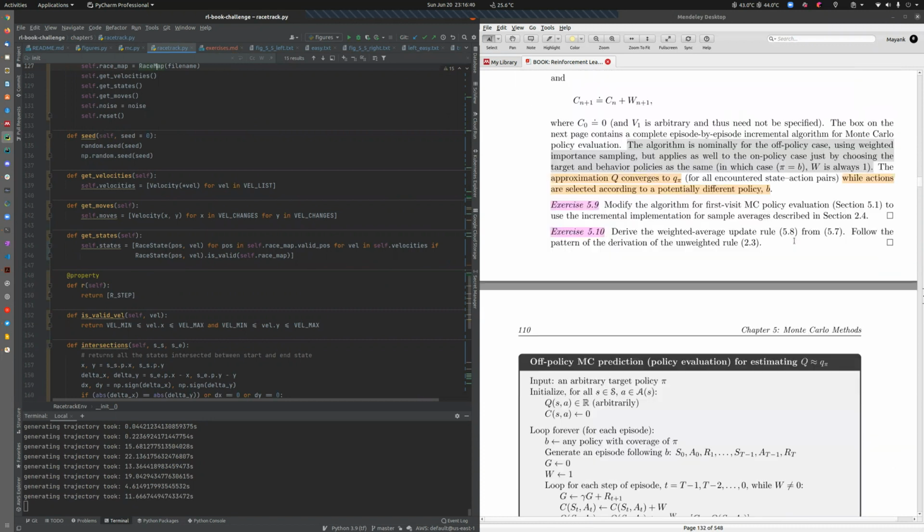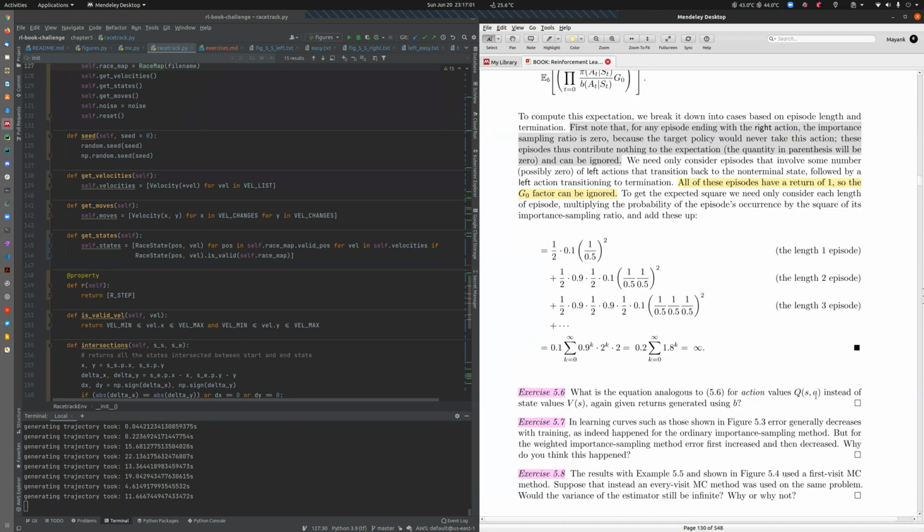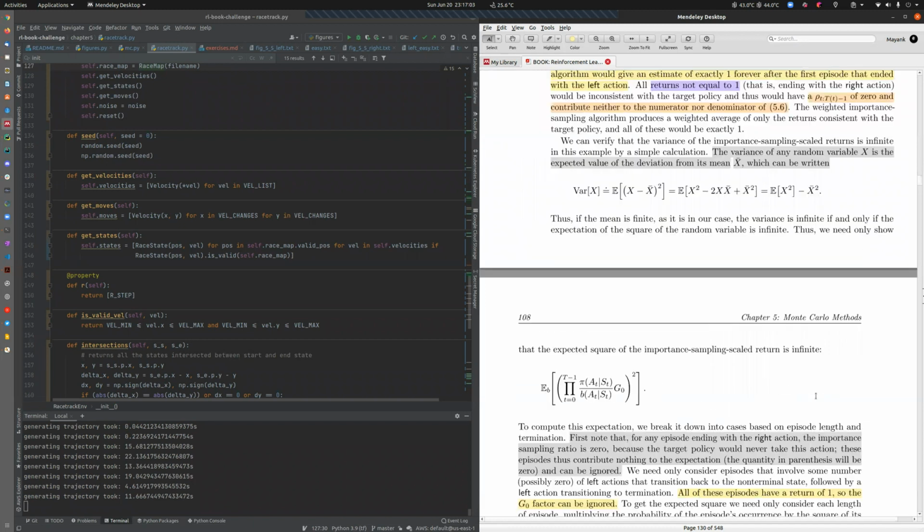Moving to 5.7, the ordinary importance sampling method. Why did the importance sampling increase and decrease? Why do you think it happened? This is with respect to the graph for the importance sampling method in figure 5.3.